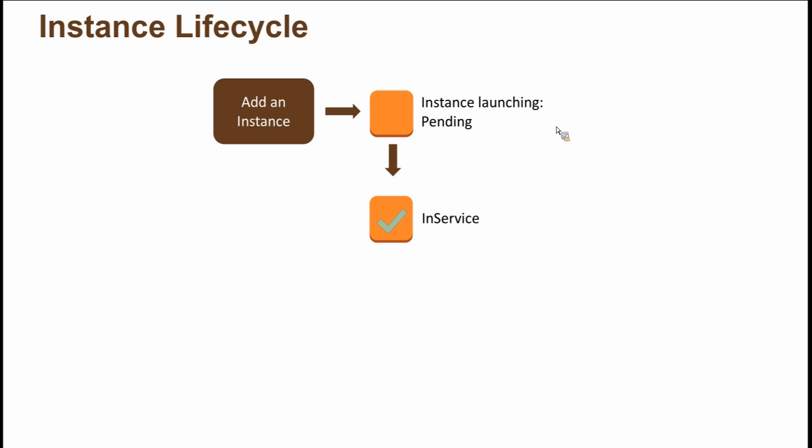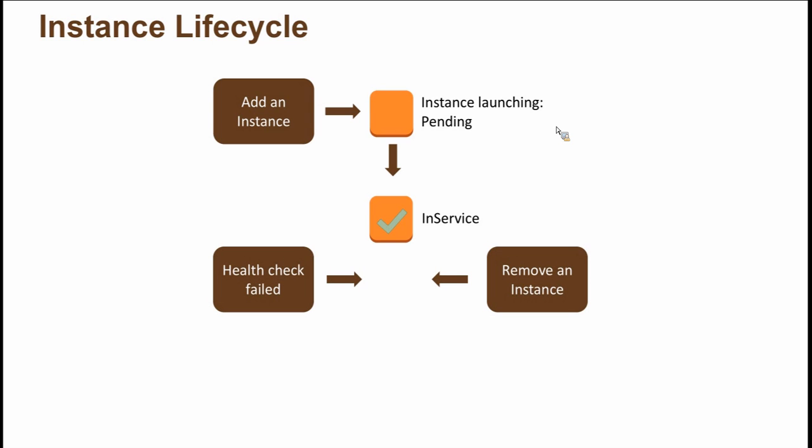Now, in case you either have a failed health check, so something is broken, or if you remove the instance manually, for example by decreasing the size of the fleet, the instance will be moved into a terminating state. Which means the instance is still running in EC2, but it's no longer in service. So it's, for example, deregistered from the ELB.